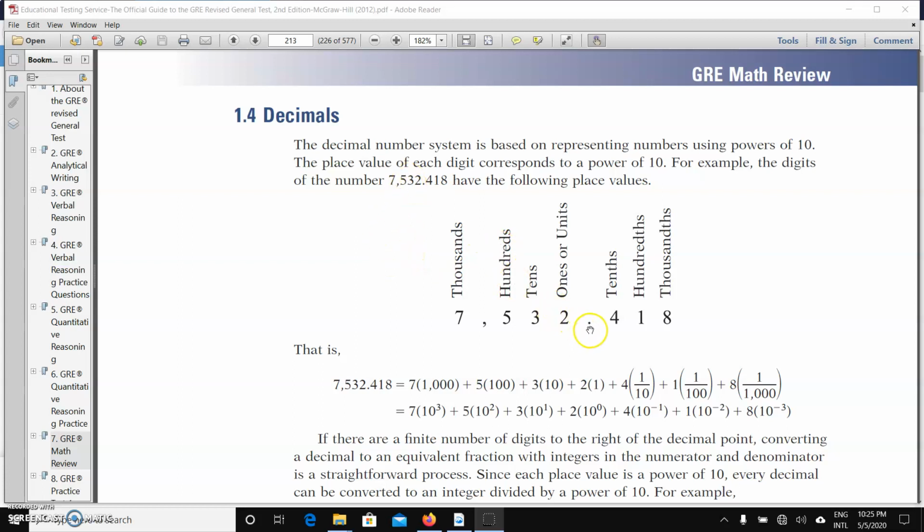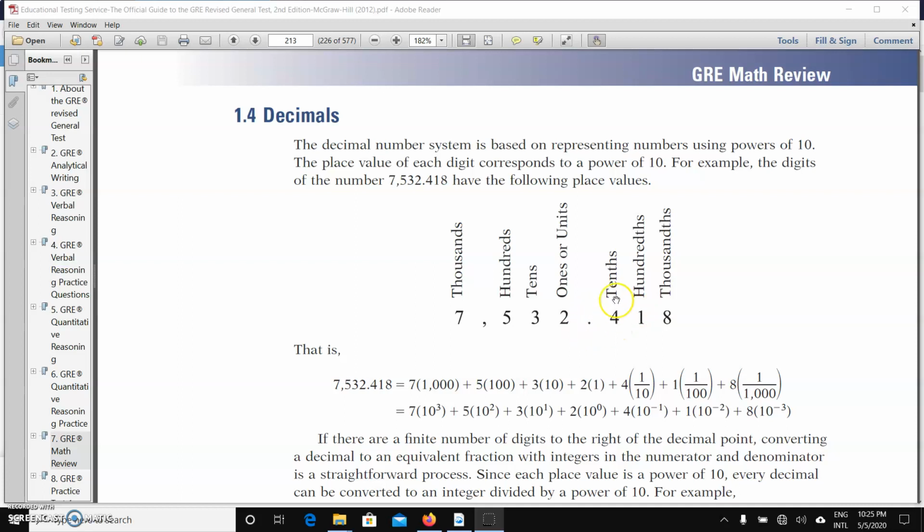Decimal here is just talking about, this is a number, let's say 7532, this is a decimal point, 418. Now you need to understand something. Let the decimal point be your point of reference.